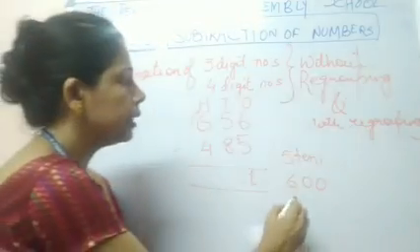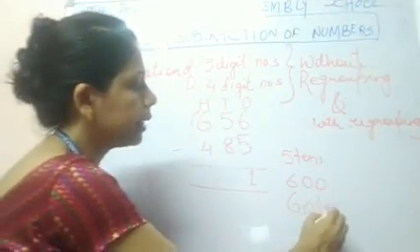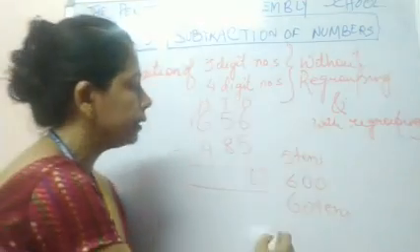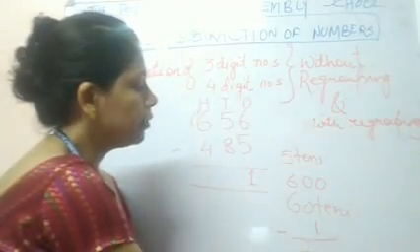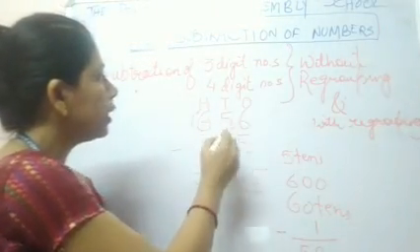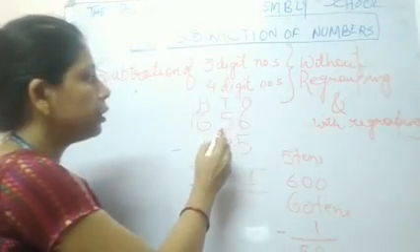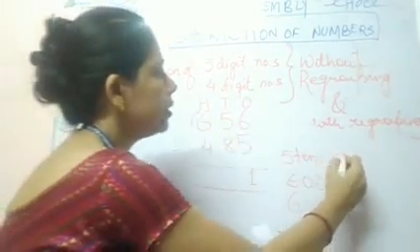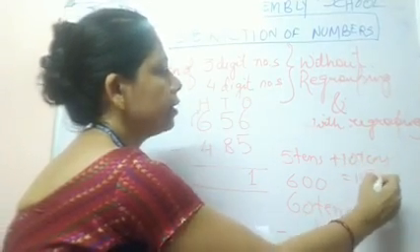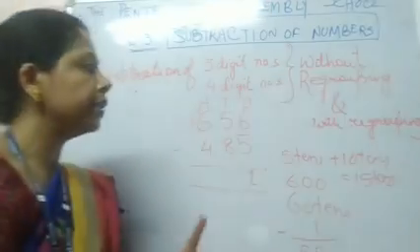600 means 60 tens. Isn't it? So when it will give 1 tens, this will get reduced to 59. Okay, so when it is giving 1 tens to here, it is becoming 5 tens plus 10 tens. So it is 15 tens, isn't it?